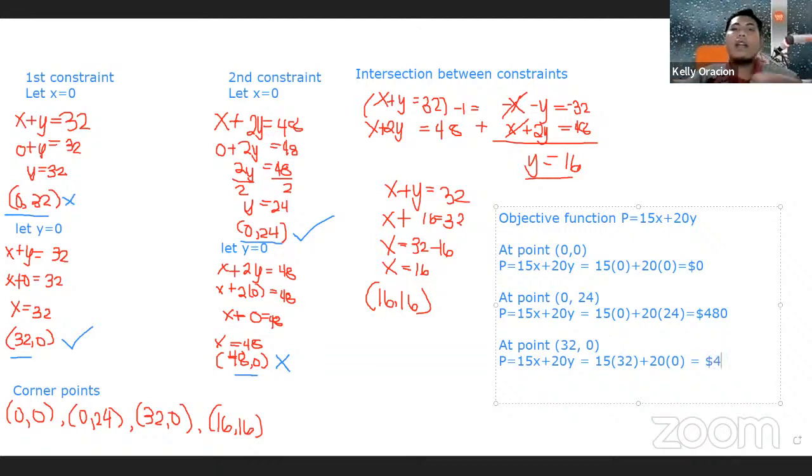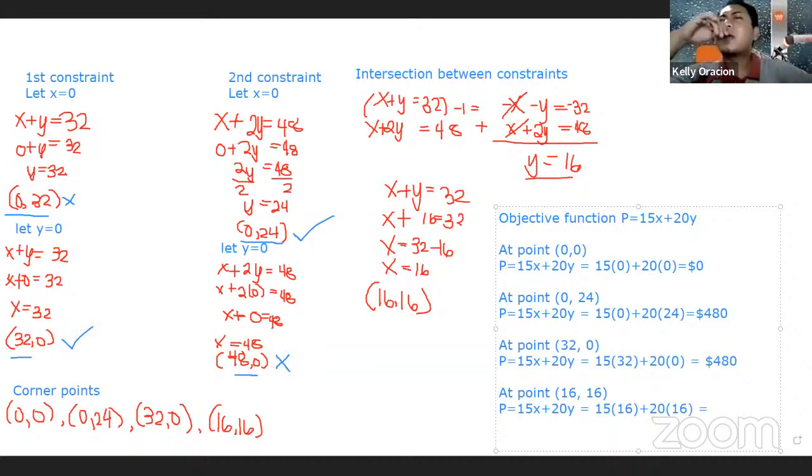And lastly, we will use the point of intersection, which is (16, 16). We have here 15 times 16 plus 20 times 16. The answer is 240 plus 320. It's 560. Okay? The answer is $560.